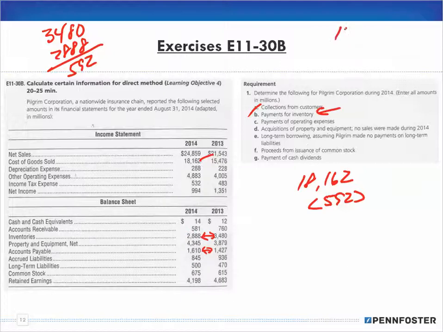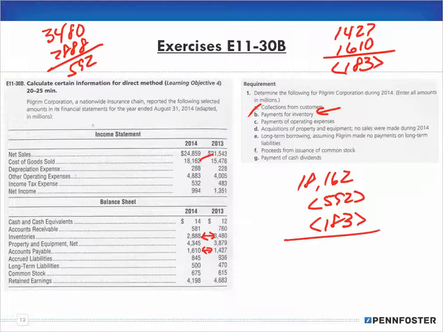I had 1,427,000. This million thing is killing me here. And now I have 1,610,000. That was an increase in my accounts payable of 183, so that's going to reduce my cash position by 183 million. So the amount that I paid for my inventory ends up being 17,387 as my payments for inventory.